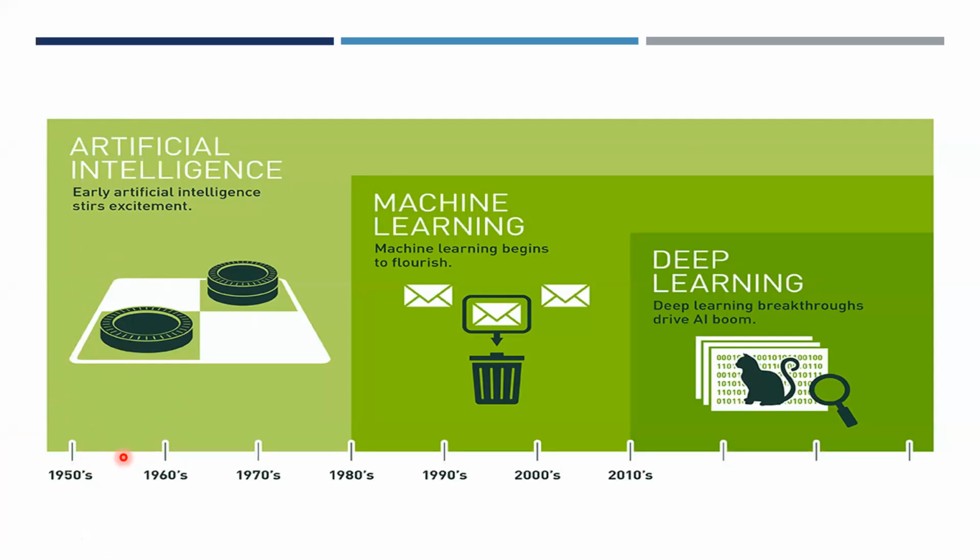IBM came out with Deep Blue, a chess game using artificial intelligence technologies, and they were able to defeat some of the chess champions. So from the early 1950s itself, we used to hear about artificial intelligence, but it did not take off that much till the 1980s.